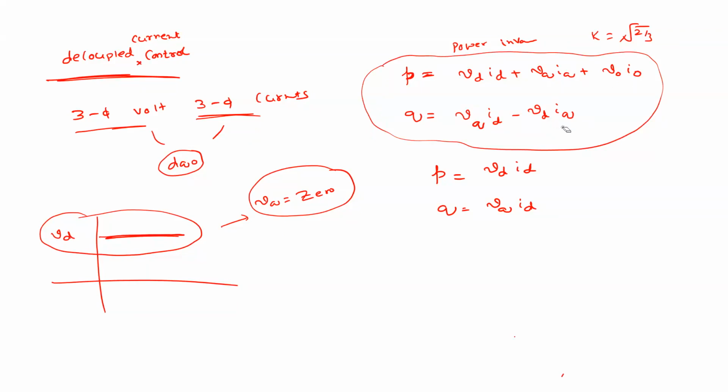So these are the original expressions, and this is how we simplified it: VD into ID, and this is minus VD into IQ.